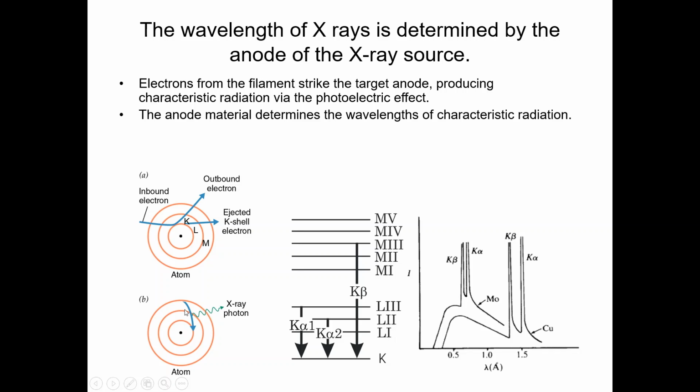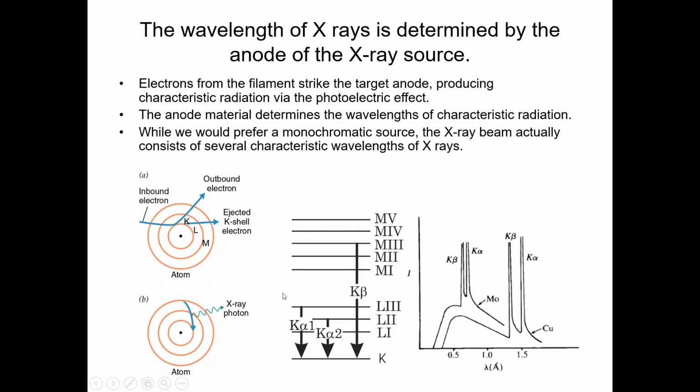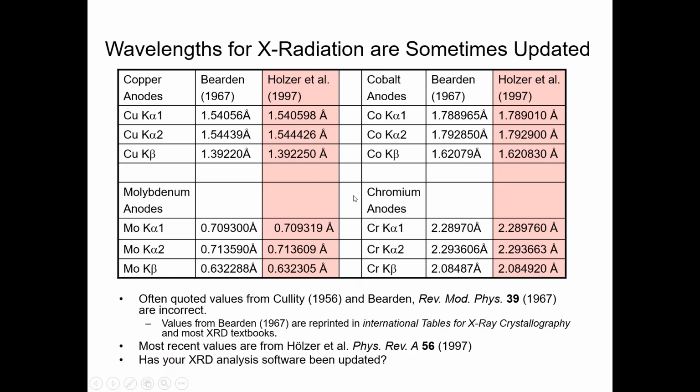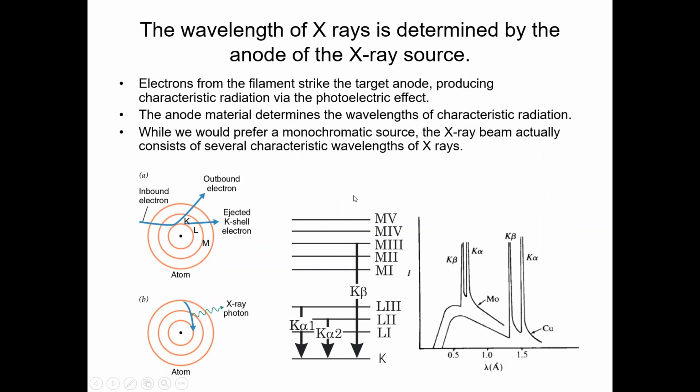The anode material determines the wavelength of the characteristic radiation. Accordingly, the lines are labeled K alpha 1, K alpha 2, K beta, K gamma, and so on, determined by that particular arrangement.